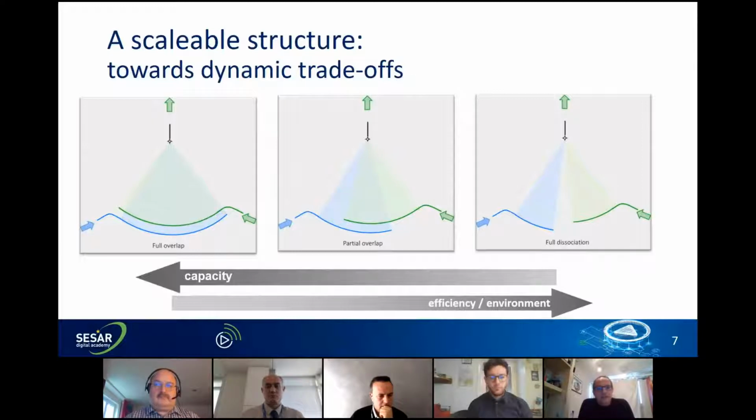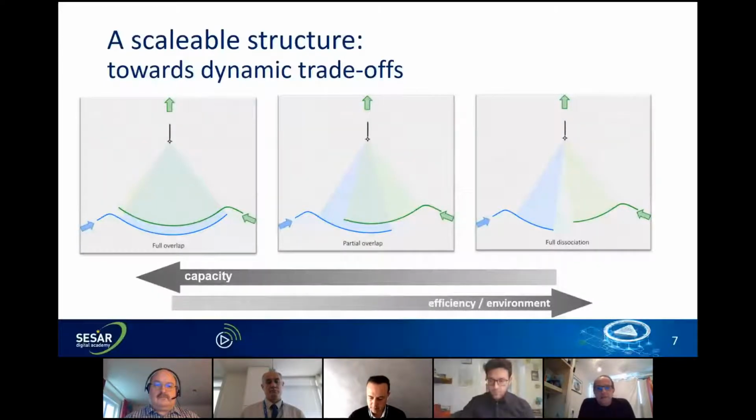But now there is intrinsically a scalability in that structure, in the sense that, as I said, the longer the sequencing legs, the larger the capacity we have, and smaller legs will end up with less capacity. But as you can see on these diagrams, you can reduce the length of the sequencing legs if you don't need that much capacity, ending up with a partial overlap, meaning that the vertical constraints will be applied for less time along the sequencing legs.